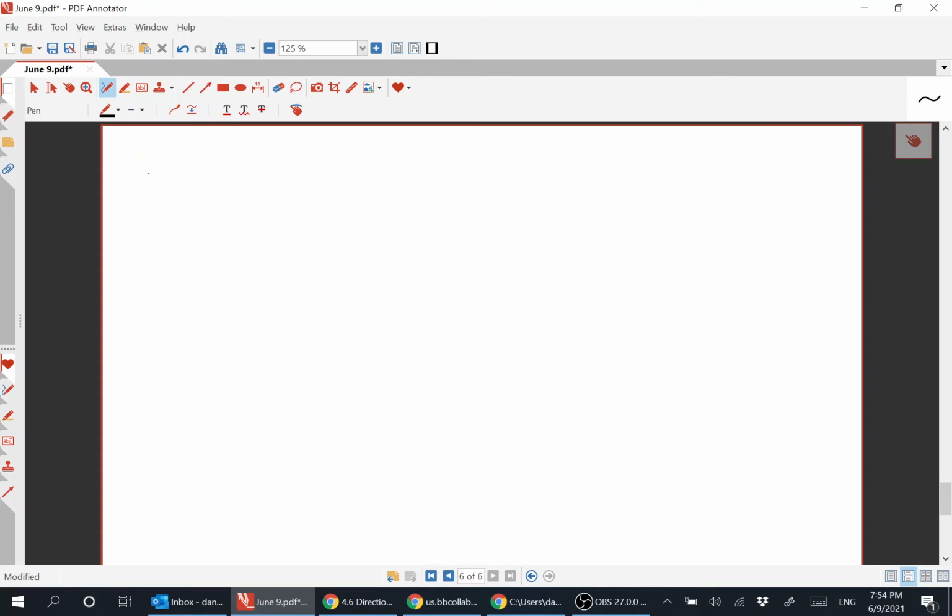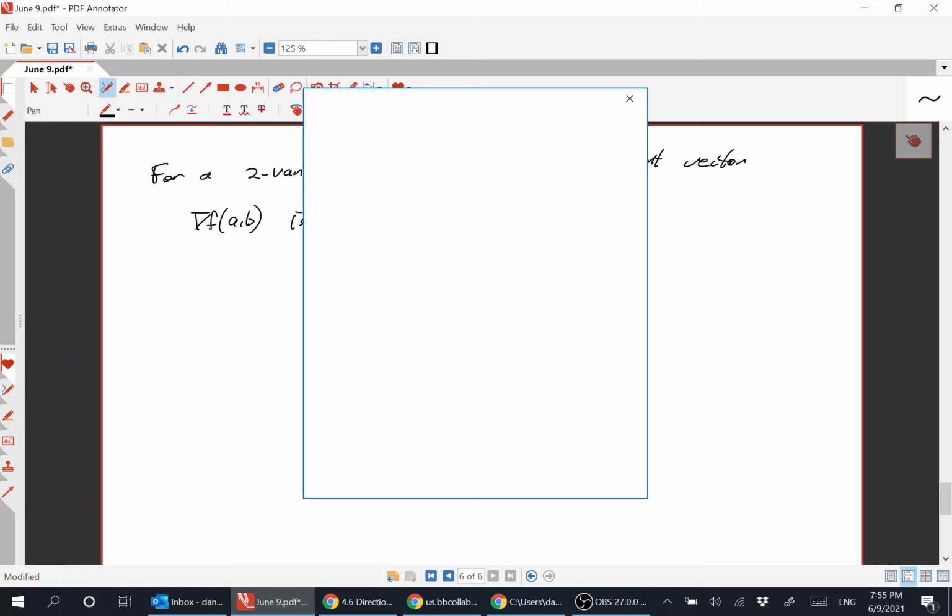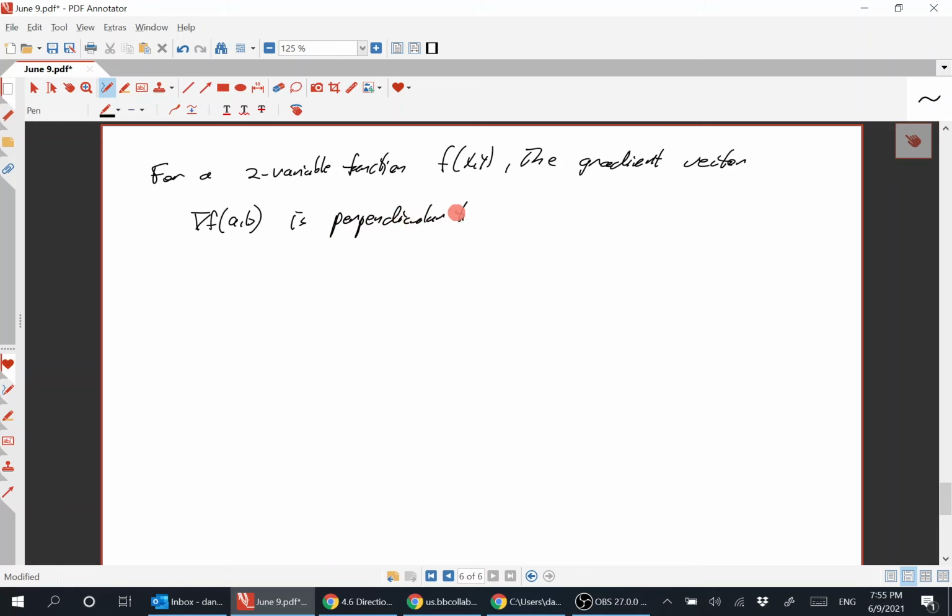Okay, so before we do 302, remember this. For a two-variable function f(x, y), the gradient vector, gradient f at any point (a, b), is perpendicular to the level curve f(x, y) equal to f(a, b). f(a, b) is going to be a constant at the point (a, b), right?